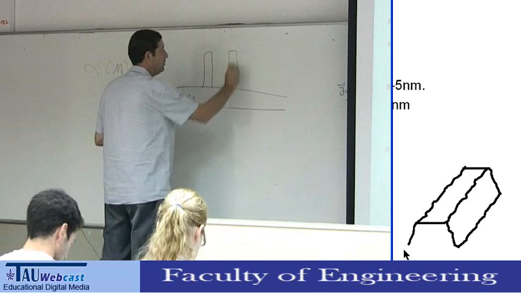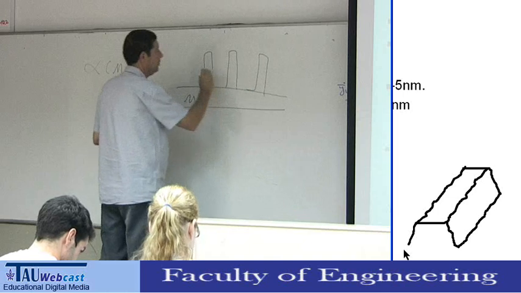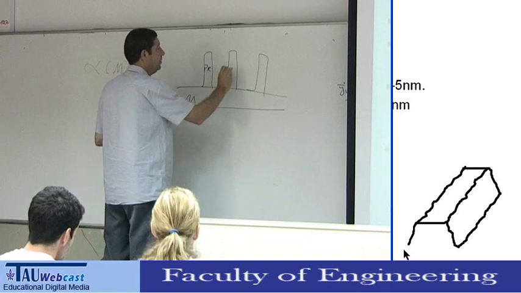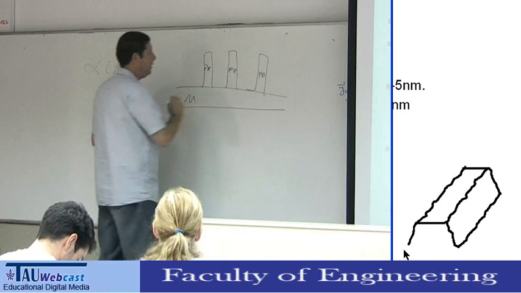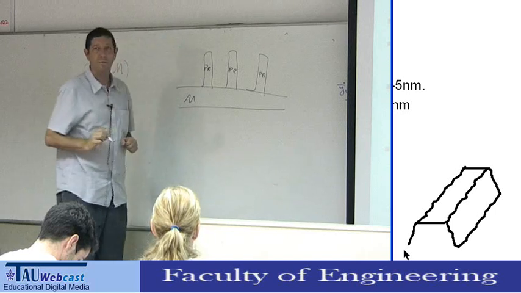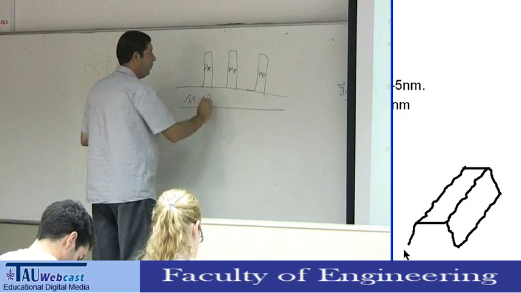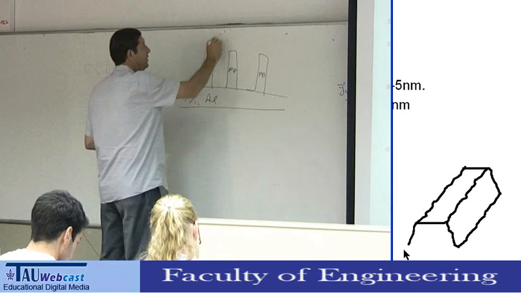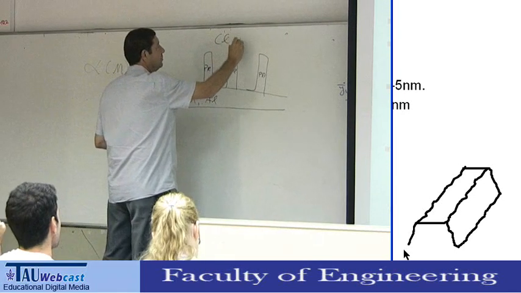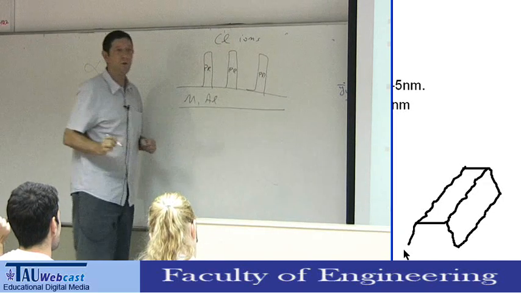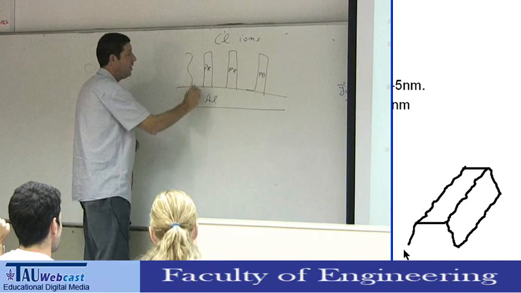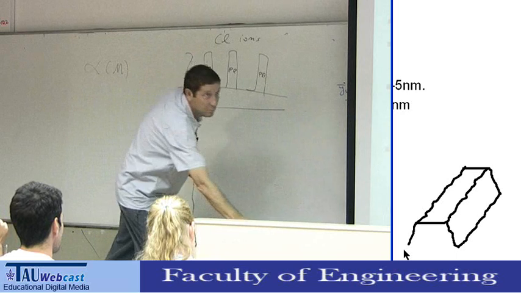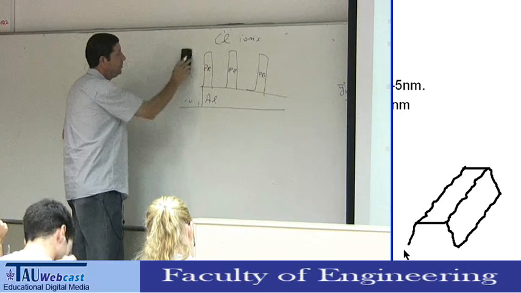This is your photoresist, PR. Then the next step, you etch the metal. Let's assume this is aluminum. A very typical way to etch aluminum is to put it in a plasma of chlorine ions. The chlorine ions go and etch the aluminum. So you remove the aluminum.